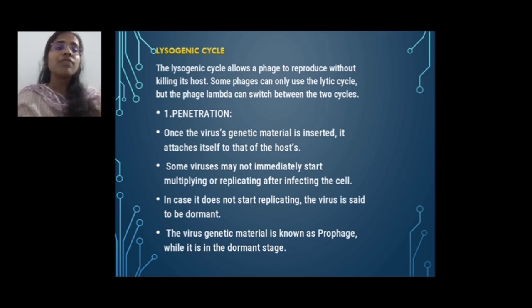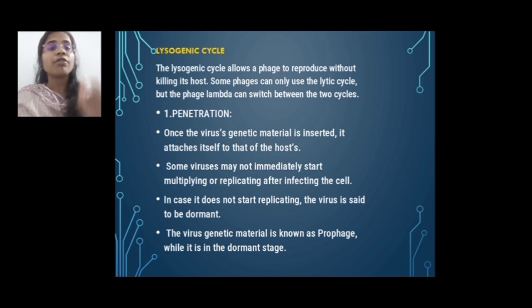But in the lysogenic cycle, the phages reproduce without any killing or disintegration of the host. Here no host cell is dead. Some phages can also use the lytic cycle, but phage lambda can switch between the two cycles.